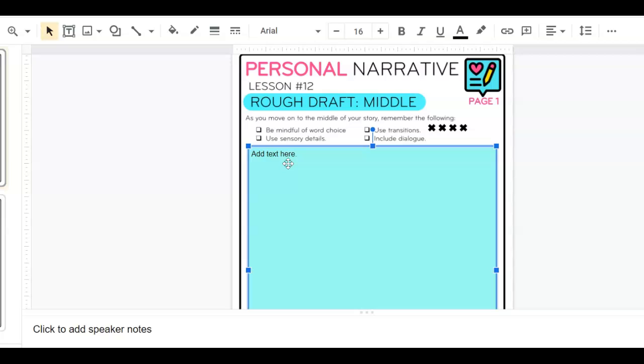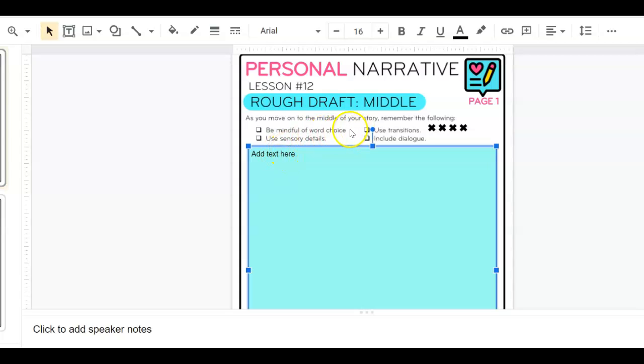So here in the middle, you're going to put what really took place. Some of you maybe ended up writing a little part of that towards the end of your beginning. It's okay to take that and put it into here and then expand on it.